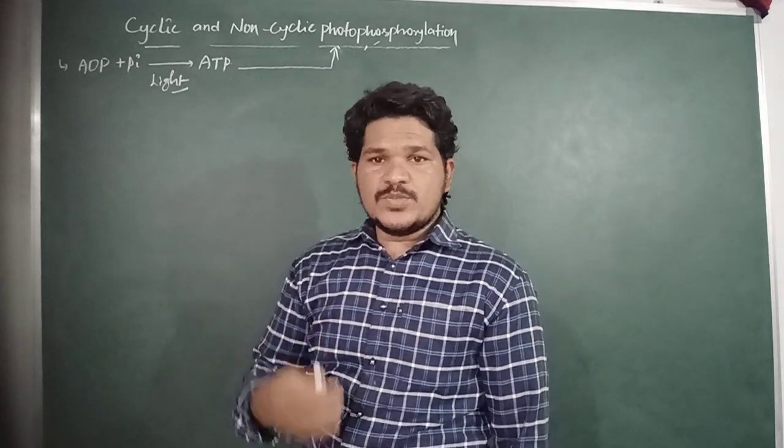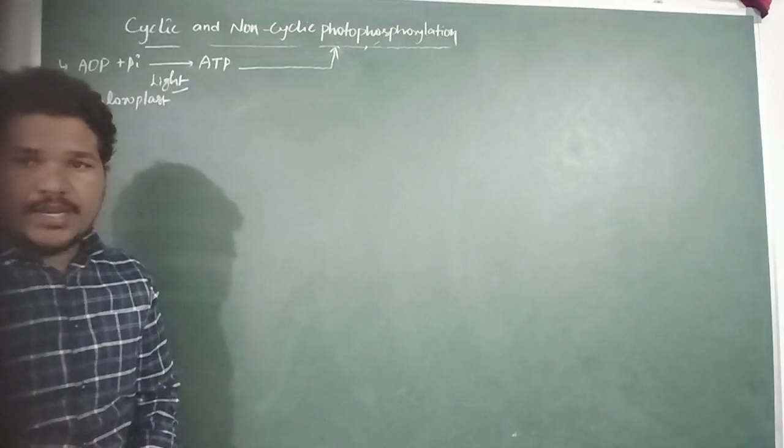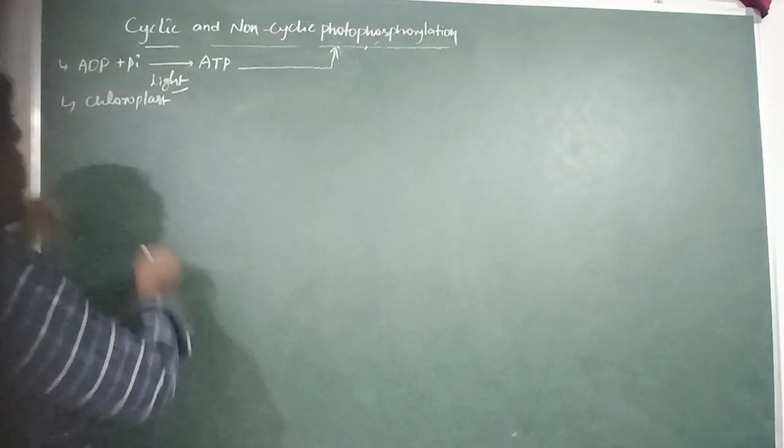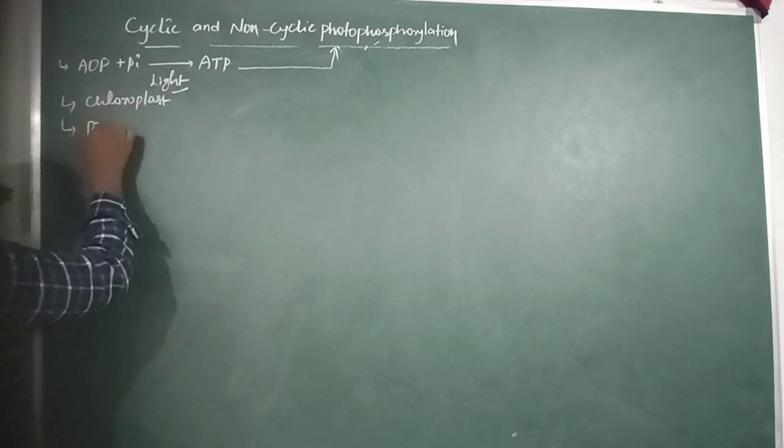The photophosphorylation process occurs in the photosynthetic cellular organelle, the chloroplast. For the synthesis of ATP molecule in the chloroplast, it requires the proton gradient.